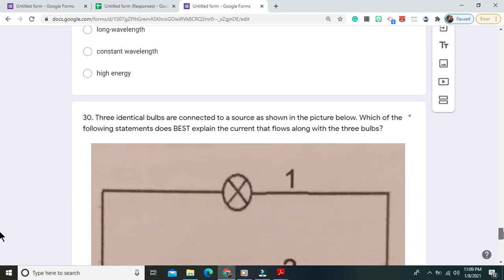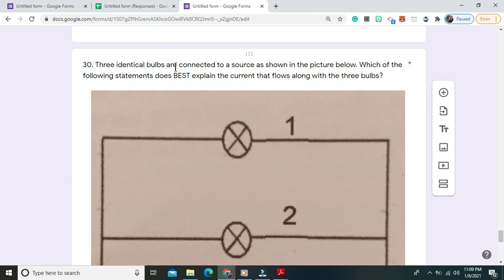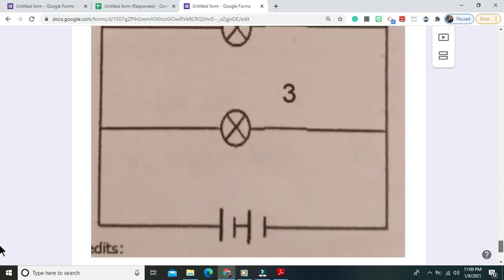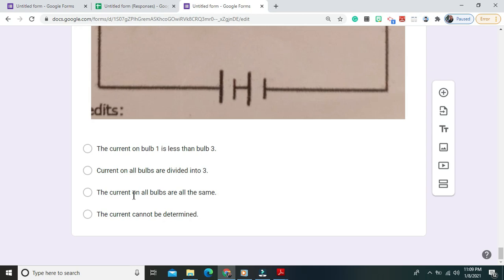Number 30. Three identical bulbs are connected to a source as shown in the picture below. Which of the following statements does best explain the current that flows along with the three bulbs? The correct answer is the current on all bulbs are all the same.